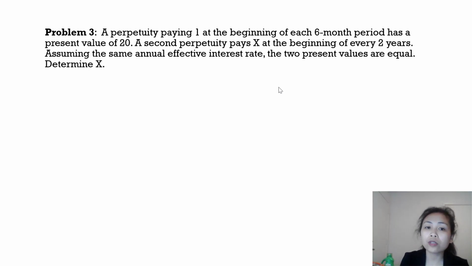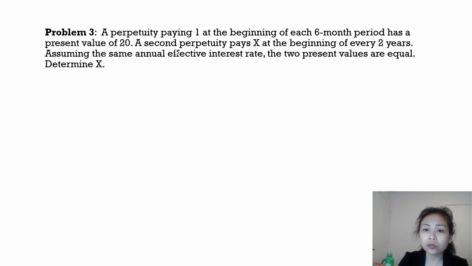The first perpetuity, we pay $1 at the beginning of every 6 months, and the payments continue forever. And the present value of that perpetuity is 20. And the second perpetuity has the same present value, which is $20, but the payment is made once every 2 years, and the payments continue forever.